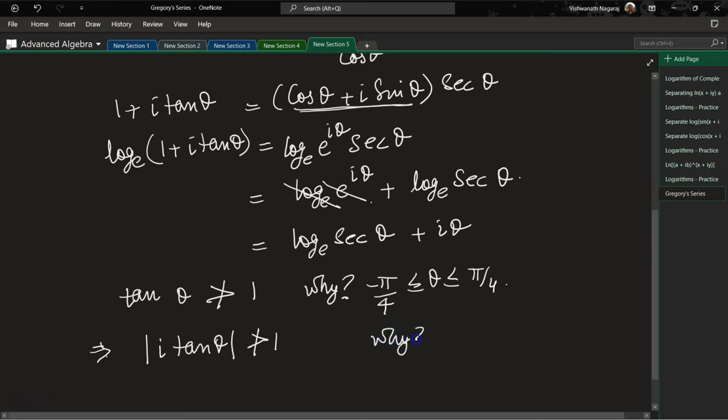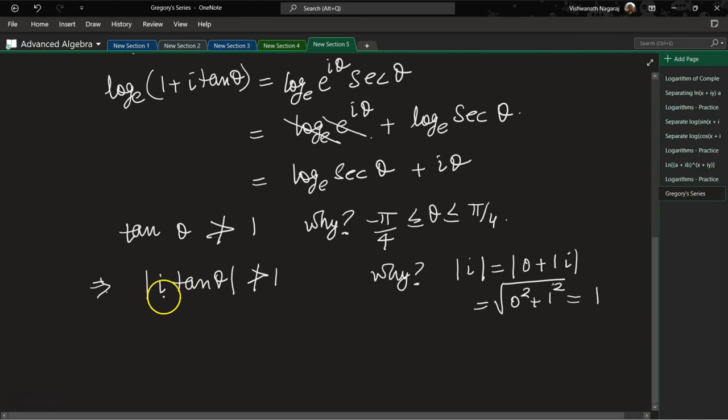Why? Because tan theta, we know, is not going to be more than 1 since it is between minus pi by 4 and pi by 4. But modulus of i is what? Remember, this can be written as 0 plus 1i, and modulus of this is square root of 0 square plus 1 square, which is equal to 1. So i's modulus is 1, tan theta is never greater than 1, so together it is never going to be more than 1.